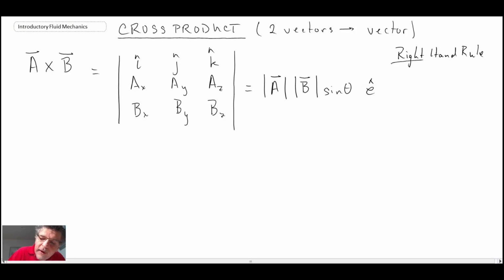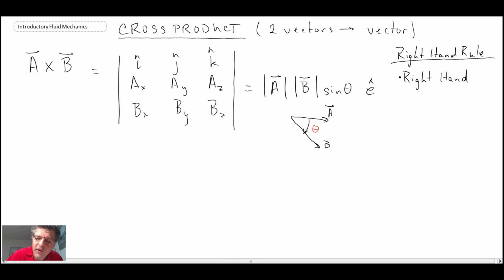Before we get to the right-hand rule, let me draw a little picture of these two vectors. So let's say we have vector A here, vector B over here, and I'm going to draw this angle theta between those two vectors. Now, with the right-hand rule, what you do is you take your right hand and you point it at your vectors.